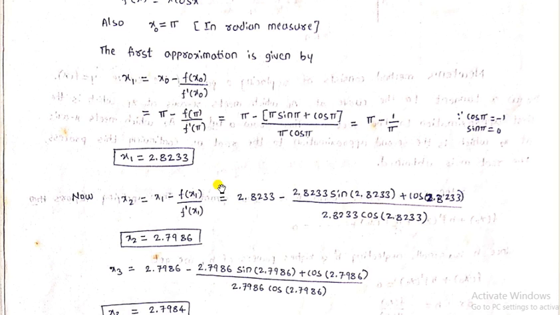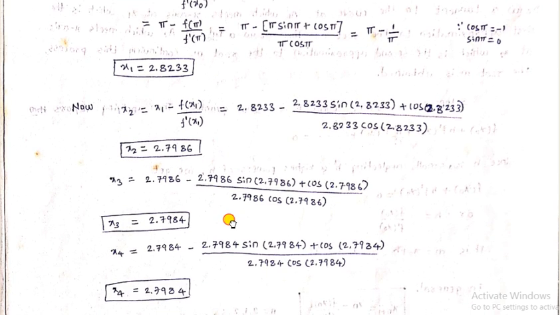So substitute x1 value as 2.8233 and calculate this value in radian mode, which gives 2.7986. So first value is 2.82, second one is 2.79.